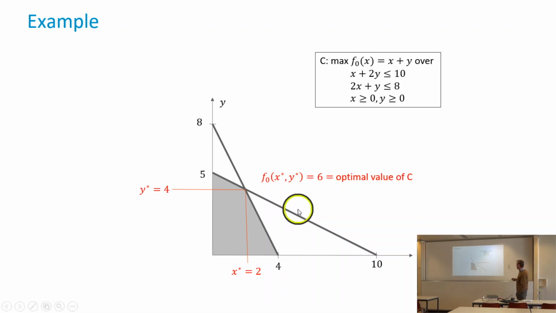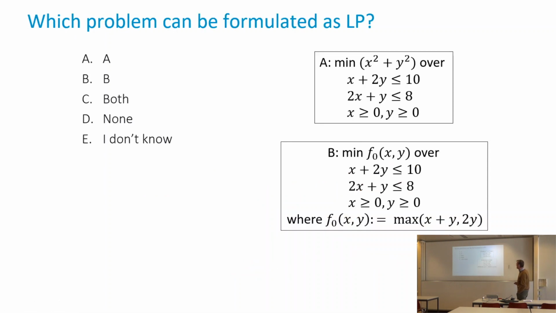And the maximum point is obtained at the edge, in fact at this corner point here. This is quite generic for any linear optimization problem. The optimum is never in the middle of the area. It's always at the edge somewhere, and at the edge of the edge, which means at the corner point here. This is why there are very efficient solution methods for that.